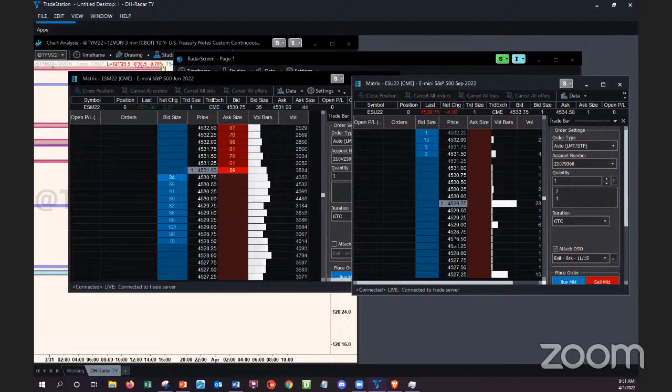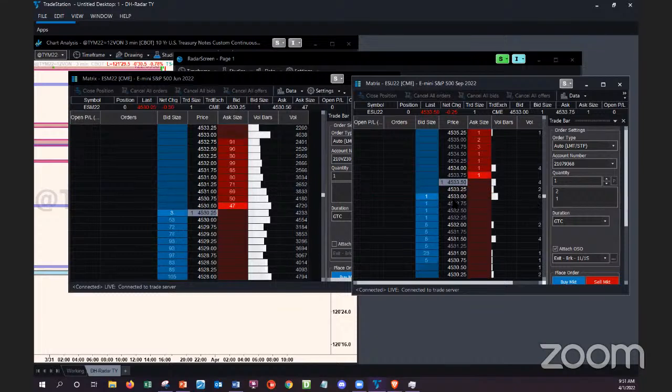Okay, so here we're at $45.33. Here we're at $45.30. You can see the difference in the volume and the difference in the movement. You see the difference in the gap between bid and ask.